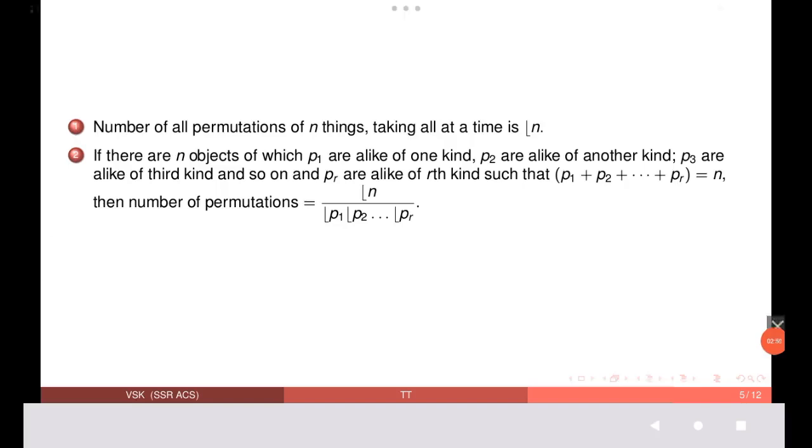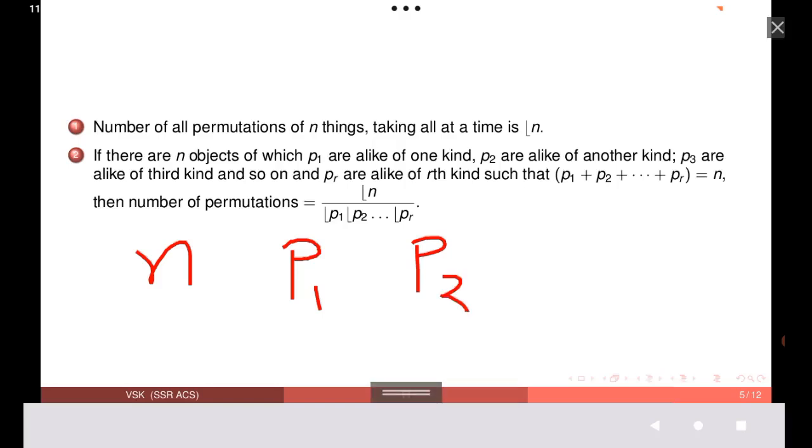Now the second is also important. Suppose n objects are there, and p1 are of one type, p2 are of one type, and similarly pr are of one type, it means the sum of all these, p1 plus p2 dot dot plus pr, is equal to n.